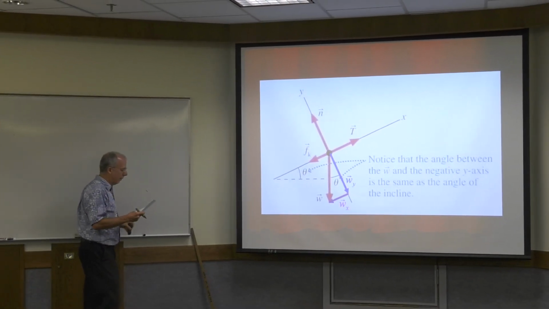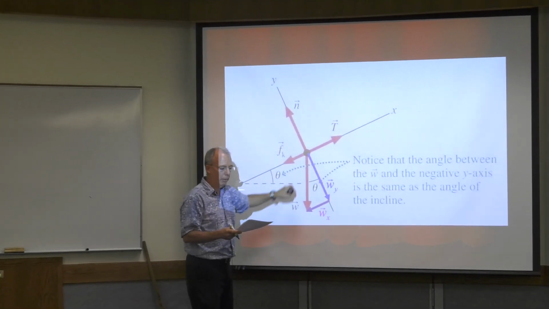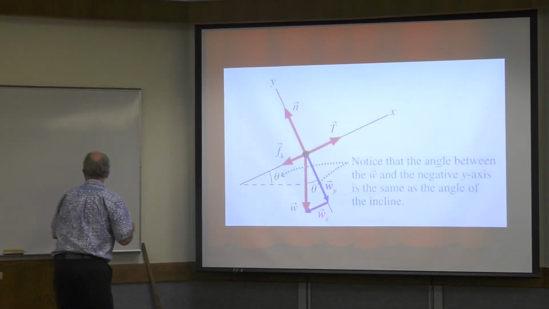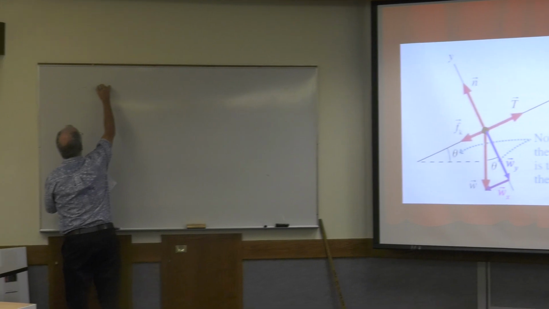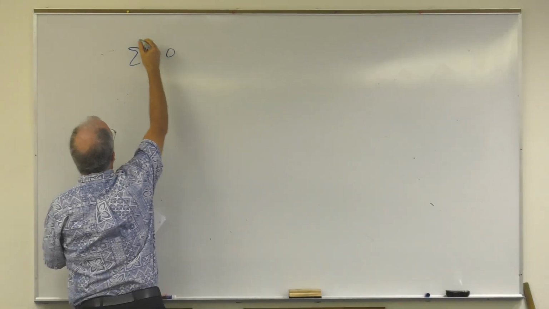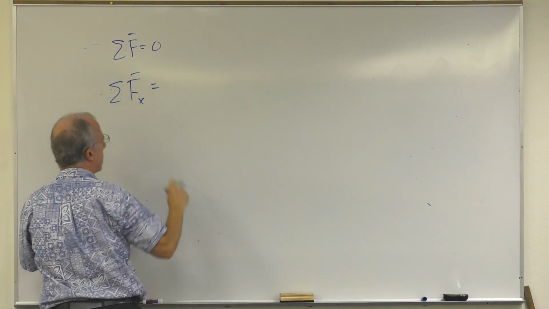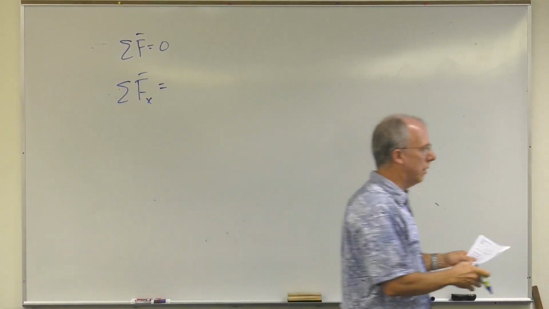Okay, so let's analyze this problem now. Again, equilibrium. Equilibrium means that the sum of the forces equals 0. The first thing we do is the sum of the x forces. What is the sum of the x forces?